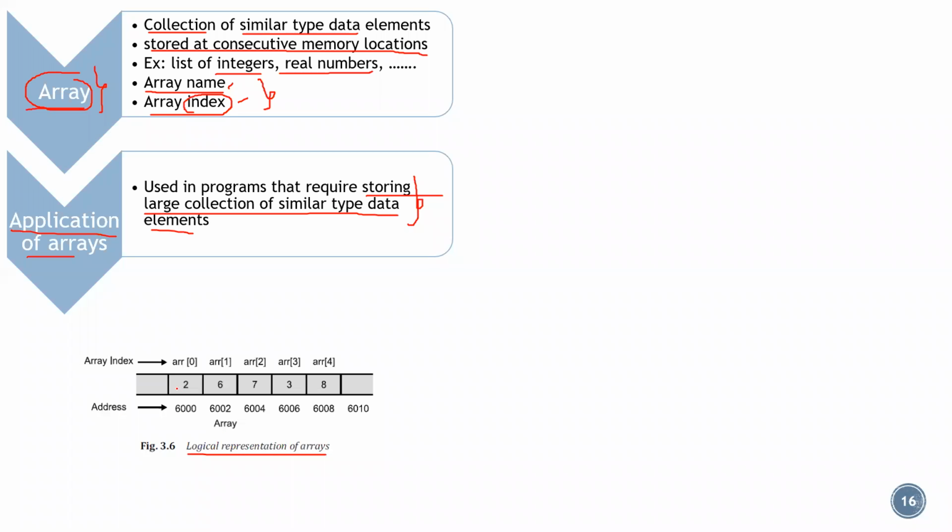Say you have an integer stored here, an integer stored at this point. All these are integers: 2, 6, 7, 3, 8. And this array will have an associated name, which might be any given name. Say I specify it as int ARR[50].